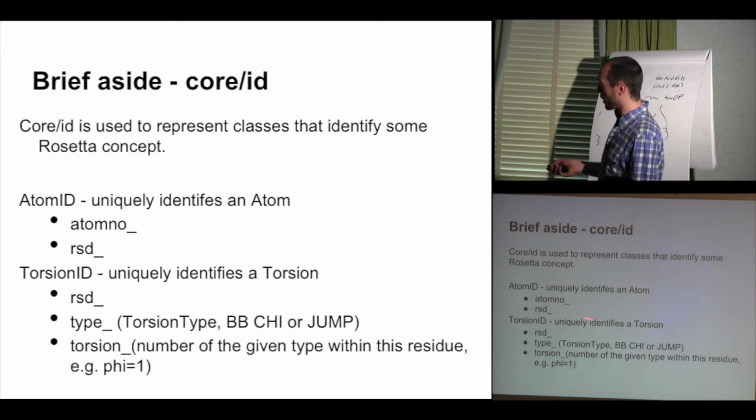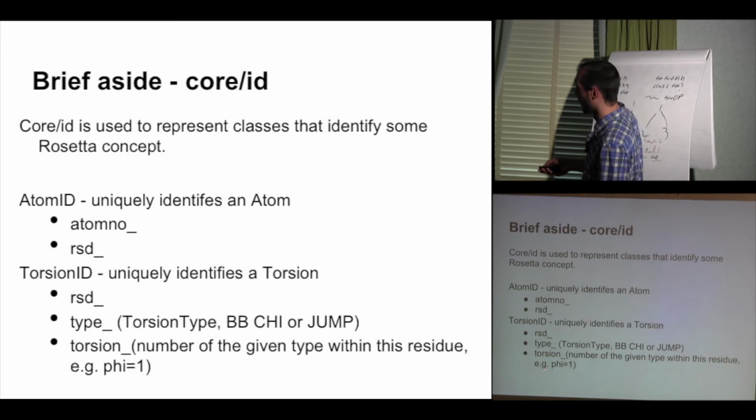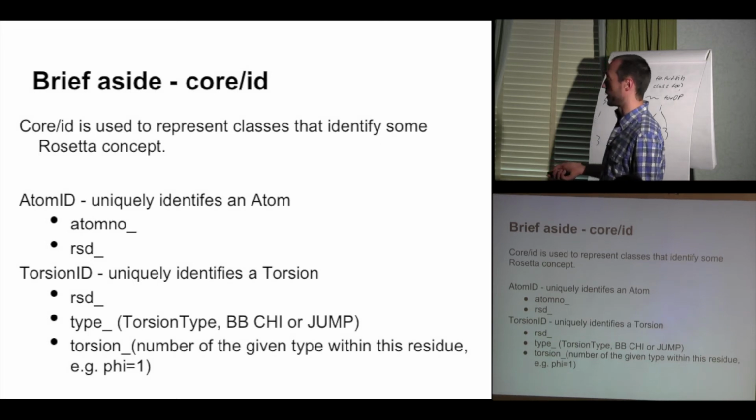A torsion ID class uniquely identifies a torsion, so it has a residue, your torsion type, which can either be backbone, chi, or jump, and then the number of the given type of torsion within this residue. So phi, psi, and omega would have 1, 2, and 3, for instance. Torsion is a number, and those are all backbone torsion types.